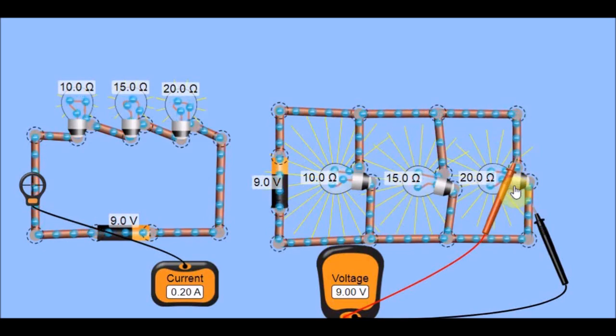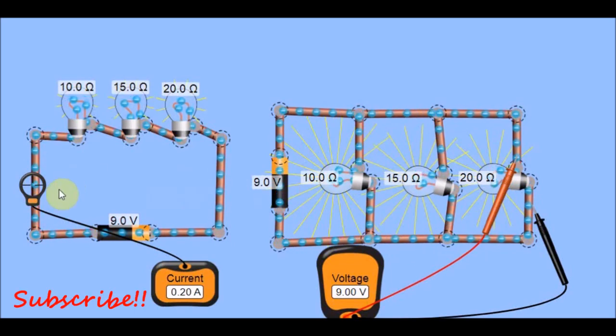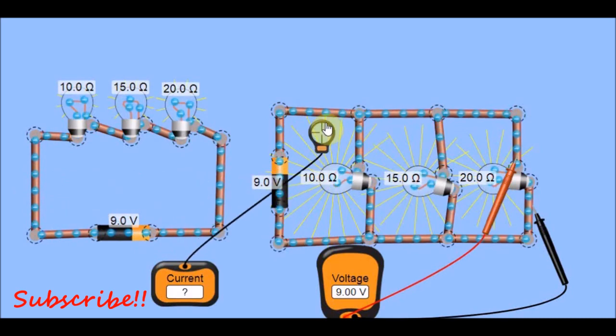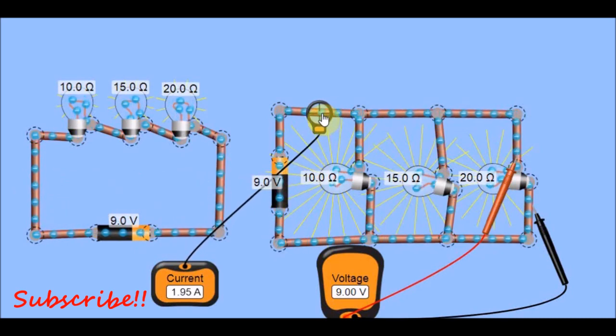Okay, so we've confirmed one, the same voltage flows through each bulb, and remember, resistors in parallel are arranged side by side. That's your negative to negative, your positive to what? Positive. Okay, and let's check the current. And as I told you, current in a parallel circuit is what?